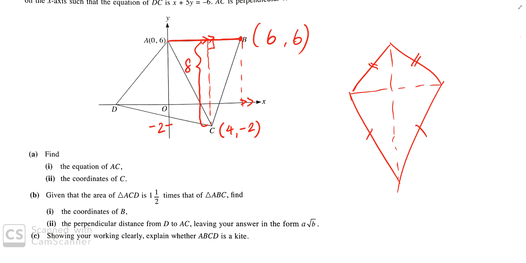No. Okay, what can you tell me about the diagonals? They bisect, really? They intersect at this point over here. What else can you tell me? 90 degrees over here. What else? 1, 2, 3, 1, 2, 3. Right? So these are the properties of a kite.